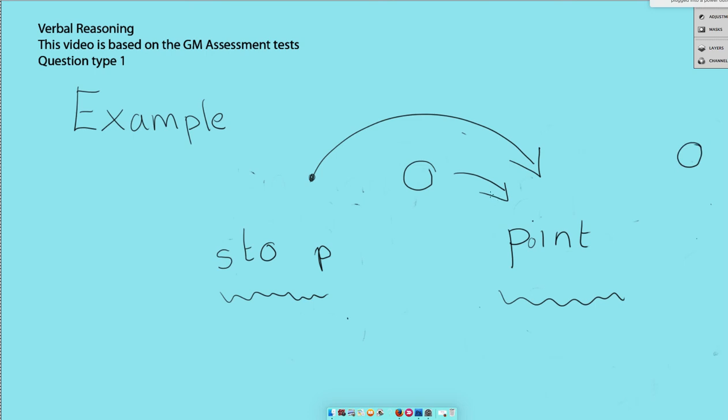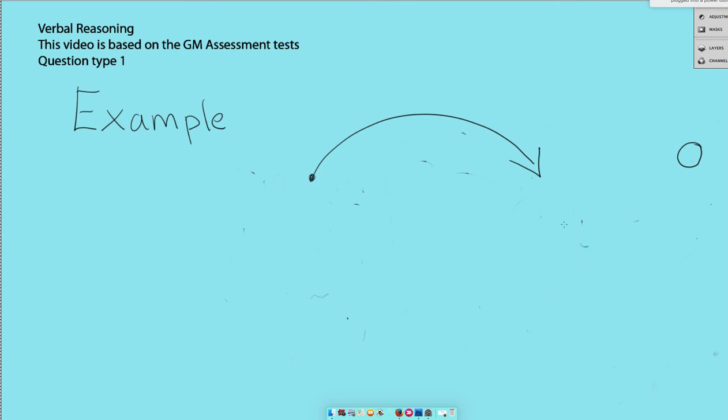Okay, I hope that's been a little bit of help. I'm going to give you some ones to try by yourself now. So remember, you have to move a letter from the first word and put it into the second word.